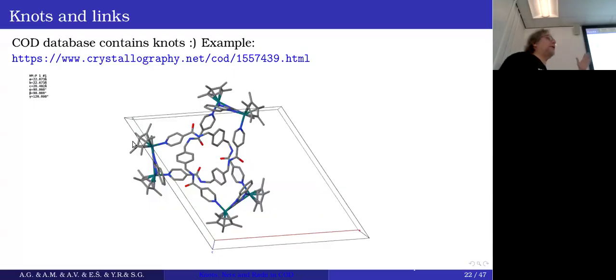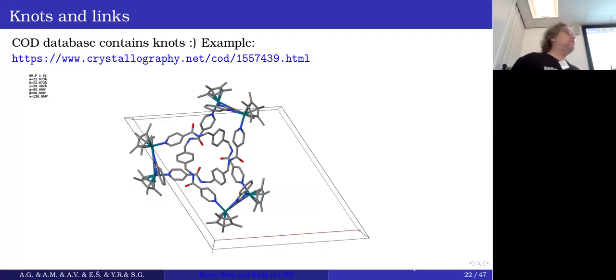So chemists synthesize this deliberately. It's interesting whether there are some knots in natural compounds that went unnoticed. Probably not. Chemists are attentive, but you never know. So we would like to have automated means to discover and catalog these knotted molecules as well.